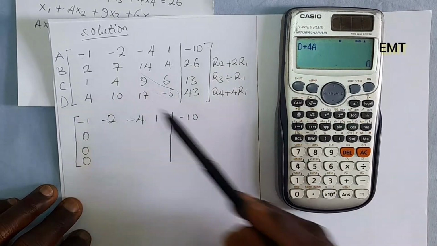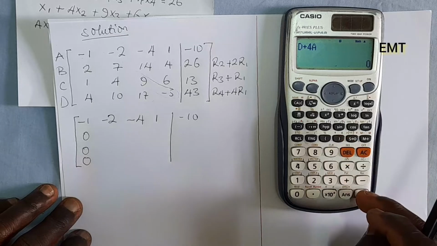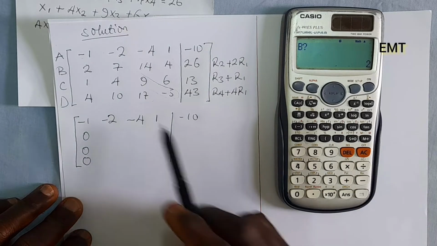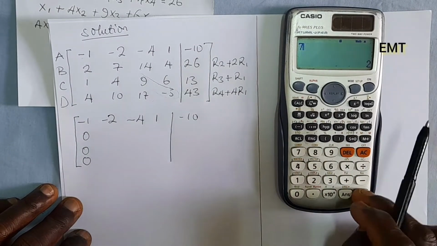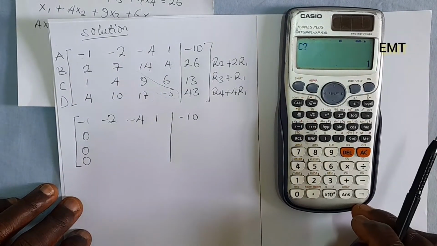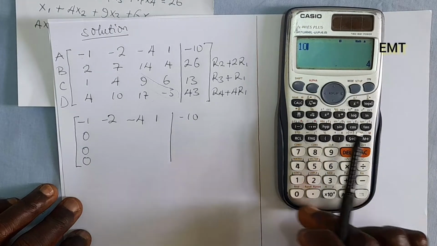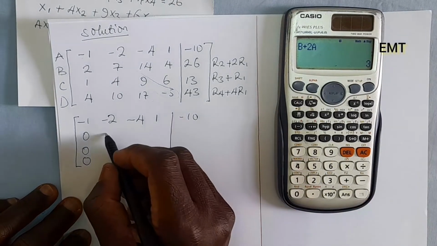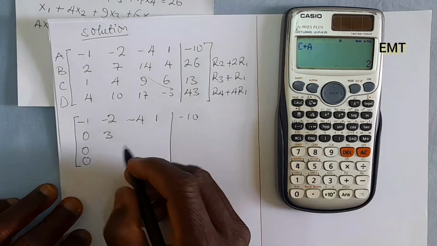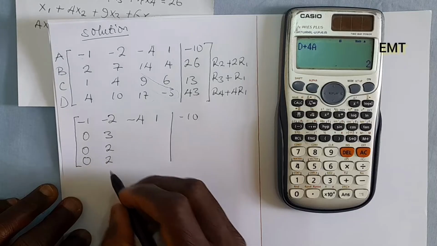But now we move to the second column, which we press equal to sign. B here is 7, A is -2, C is 4, D is 10. So the answers are: for B we have 3, C we have 2, D we have also 2.